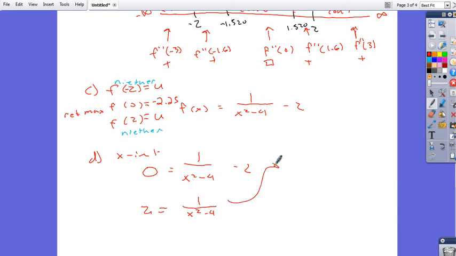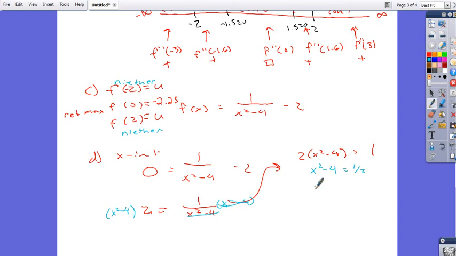So that's 2 times x squared minus 4 equals 1, and the x squared minus 4 cancels. Now divide, you get x squared minus 4 equals 1/2.